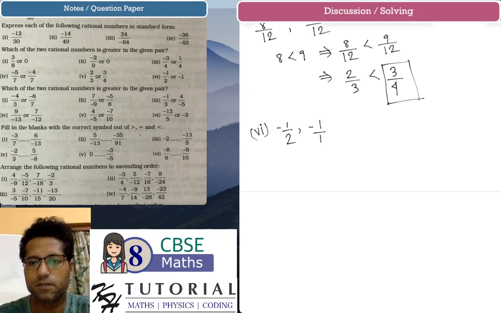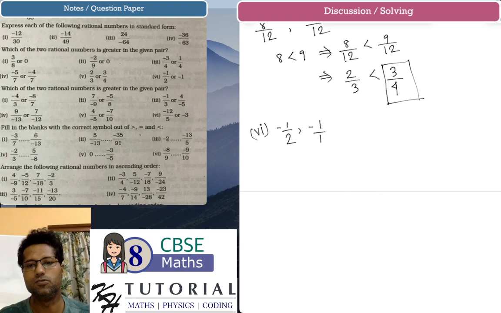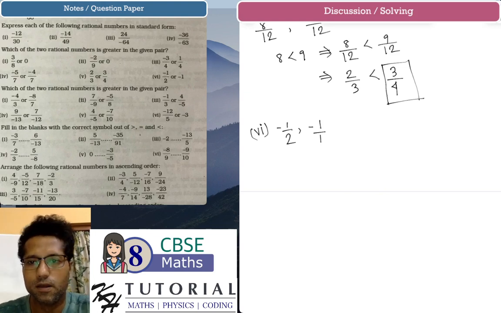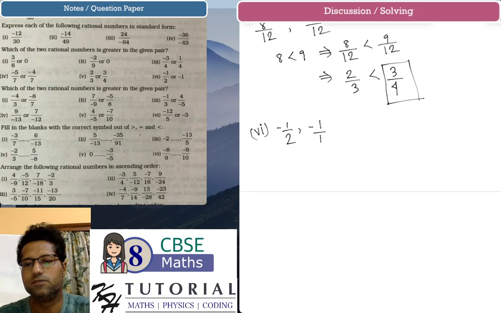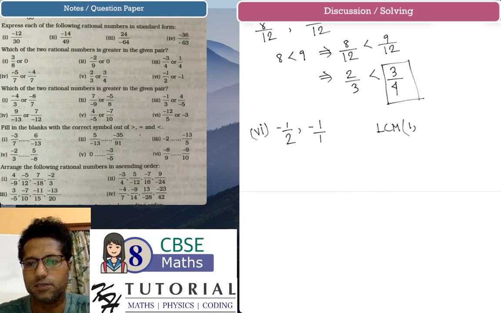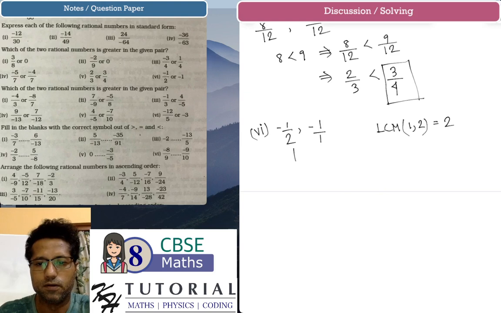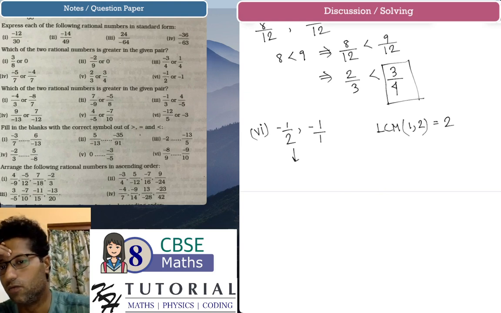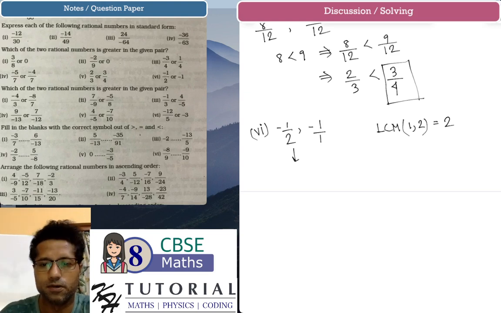So we have to convert these rational numbers to their equivalent form so that both the equivalent rational numbers will have a denominator as the LCM of 2 and 1. LCM of 1 and 2 is 2. So we have to convert both these rational numbers to their equivalent form so that both will have 2 as denominator.